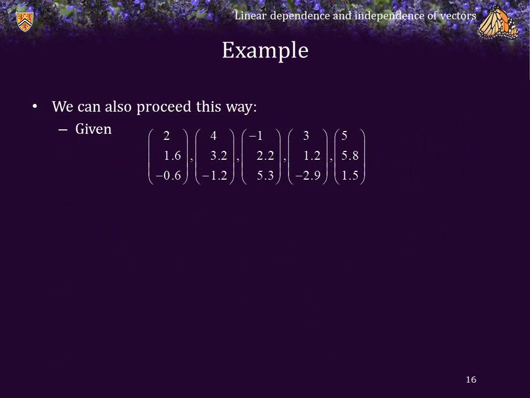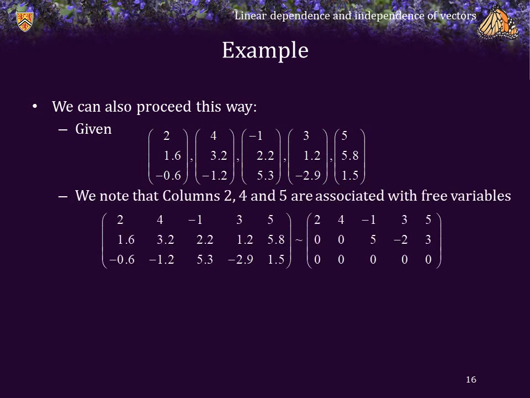We can also proceed as follows. Given these 5 vectors here, we can create the matrix that has these 5 vectors as columns, and then we can find the row equivalent matrix that is in row echelon form. From that row equivalent row echelon form matrix, we note that columns 2, 4, and 5 would be associated with free variables.